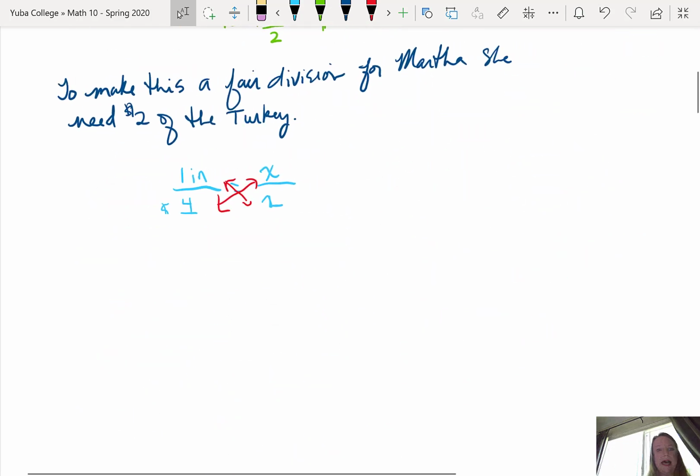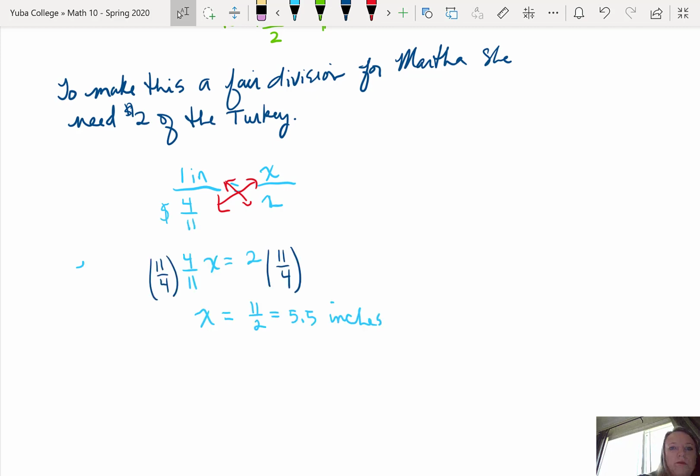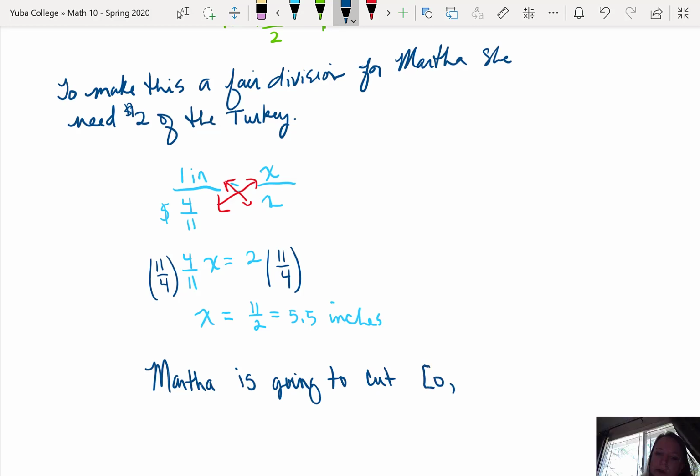So Martha is going to cut from 0 to 22 plus 5.5, so 27.5 inches.